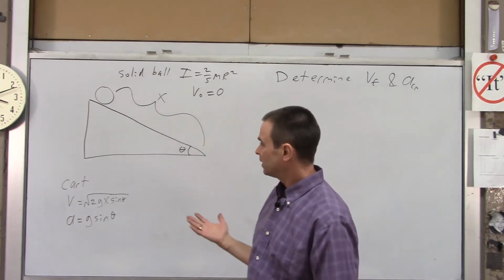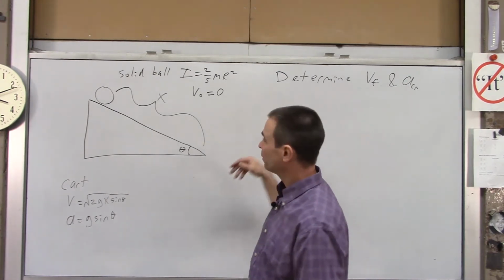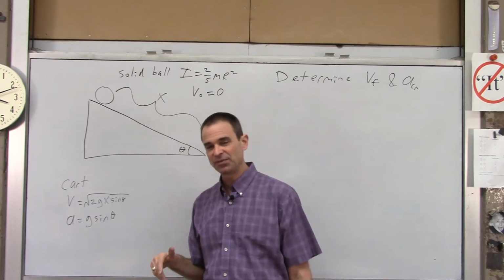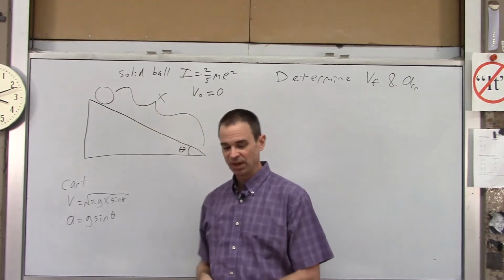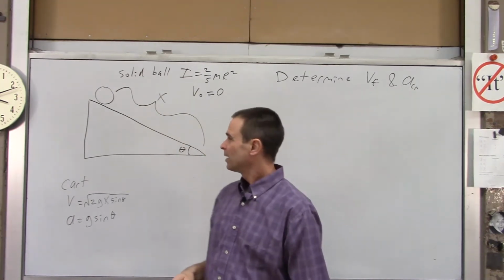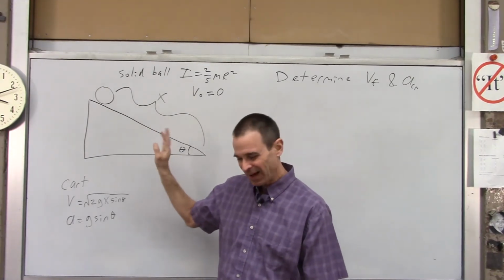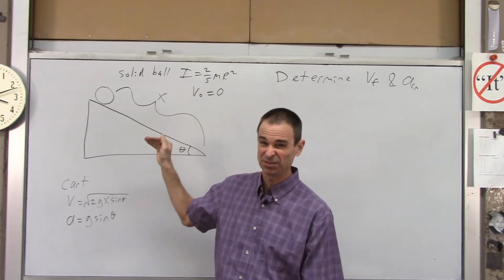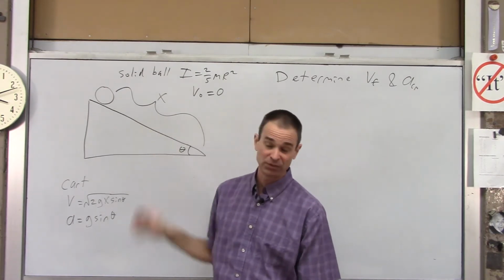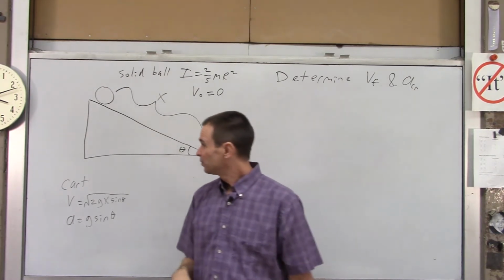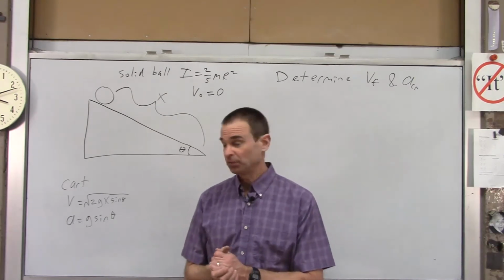For the ball, you can either find the final velocity first, or you can find the acceleration. It turns out that there's at least 4 ways that I can think of to solve this problem. I'm going to lead you through what I think is the easiest of those 4 ways, but there's lots of ways you can solve this problem. So I'm going to find the final velocity first.